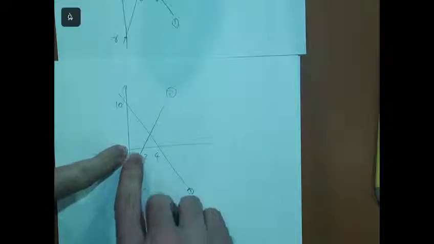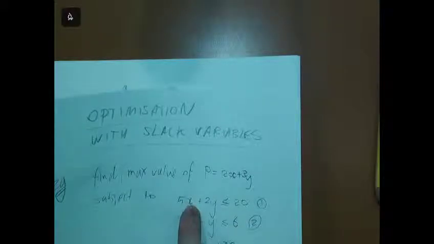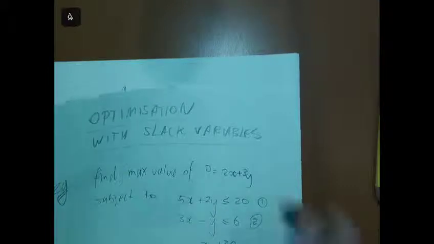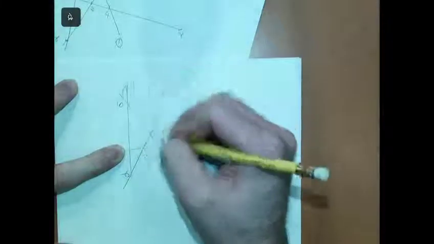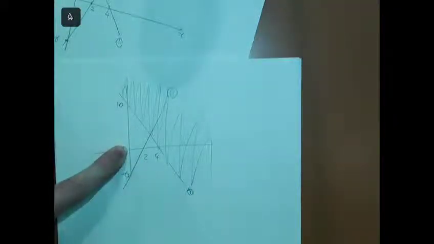So the point 0, 0 is a really helpful point, which is not on line number 1, and when I sub it into the inequality for line number 1, 5 times 0 plus 2 times 0 is 0, which is indeed less than 20, so 0, 0 is on the correct side of this line. So I don't want this bit, because it's on the wrong side of the line.